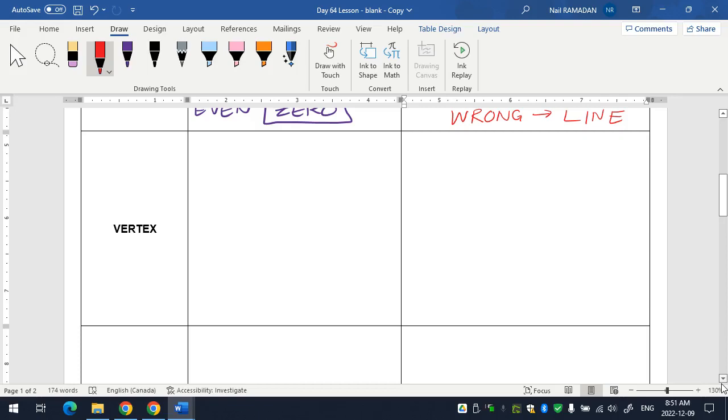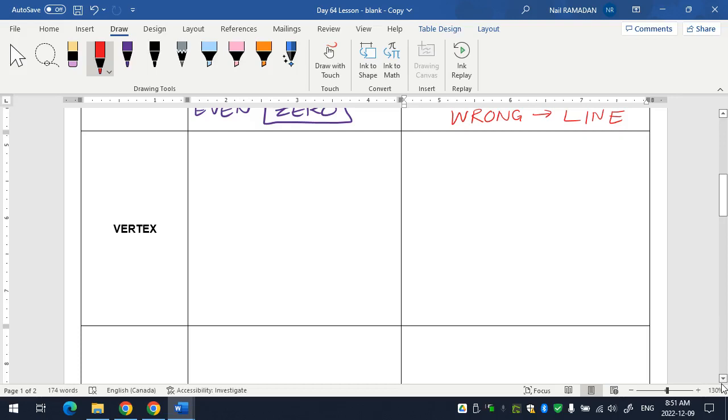Give me another feature of the vertex. It's either the highest one at the very top or the lowest one at the very bottom. Okay? The vertex form is very powerful because just by looking at it, you can know where the vertex is without sketching, without doing any numbers, nothing. You just look and write it. It's worth 1 mark.